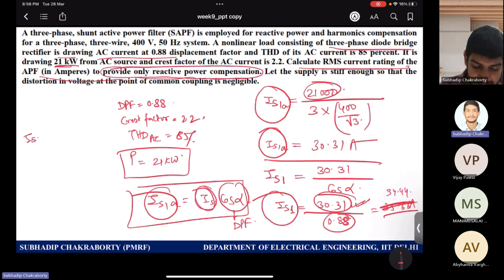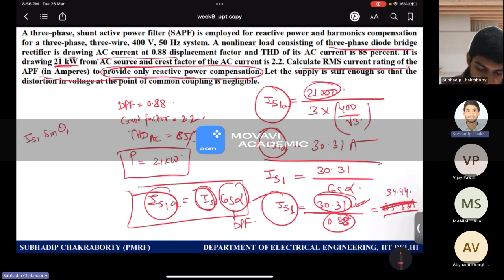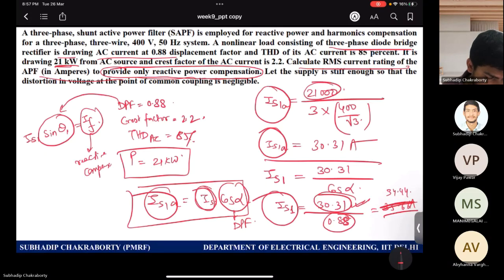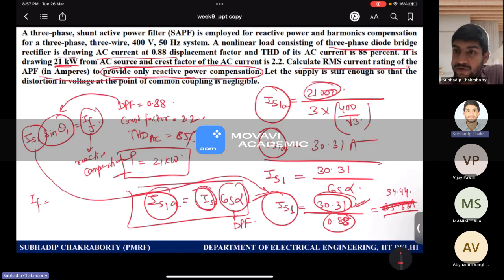Now IS1 sine theta 1, from displacement power factor, you can get is nothing but the filter current, because the filter is responsible for reactive compensation, right? So IF is what? IS1, actual IS1, this one, not the active component.